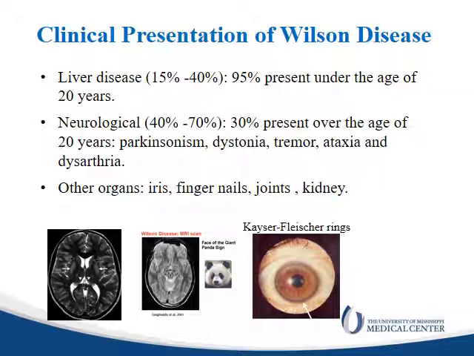Commonly, it can present with liver disease in younger patients, and neurologic symptoms in older patients with Parkinsonism, dystonia, tremor, ataxia, and dysarthria.